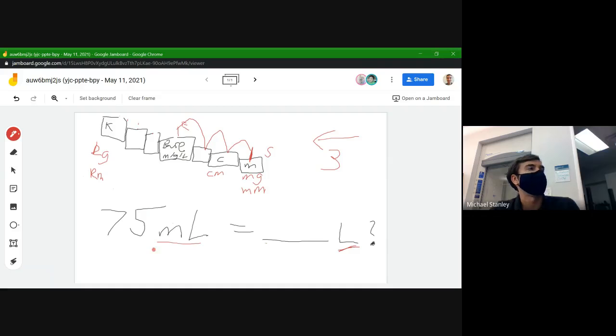So here, 75 milliliters. That's a nice big round number. So that means that our decimal point is here at the end. So we're going to jump 1, 2, 3 spots to the left, right over here.